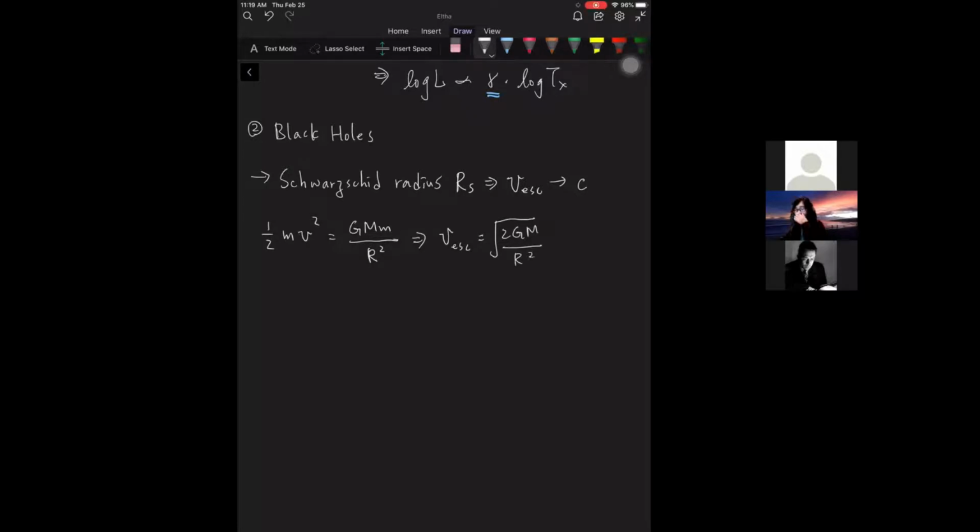Okay, so if we want the Schwarzschild radius, we need c equal to the square root of 2GM over the Schwarzschild radius, right? So this will give us the relation for the Schwarzschild radius. We can approximate it as 2GM over c squared. Okay.